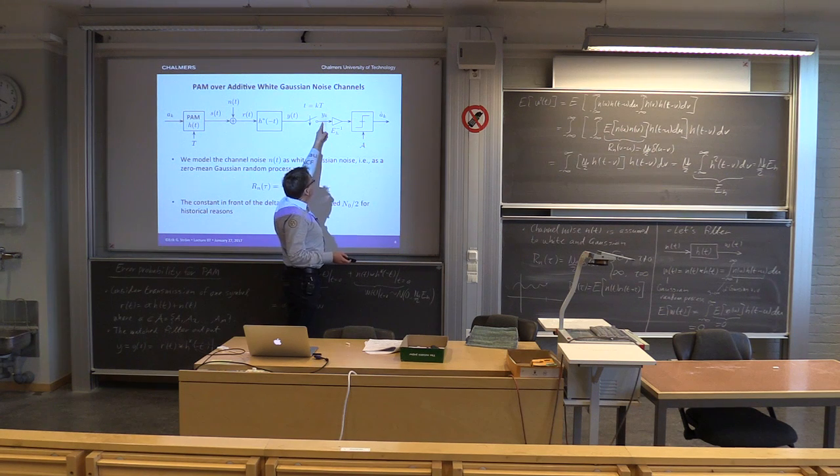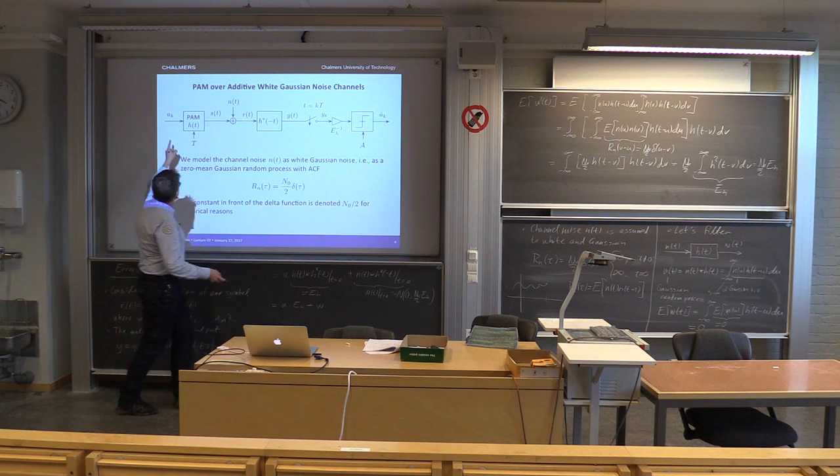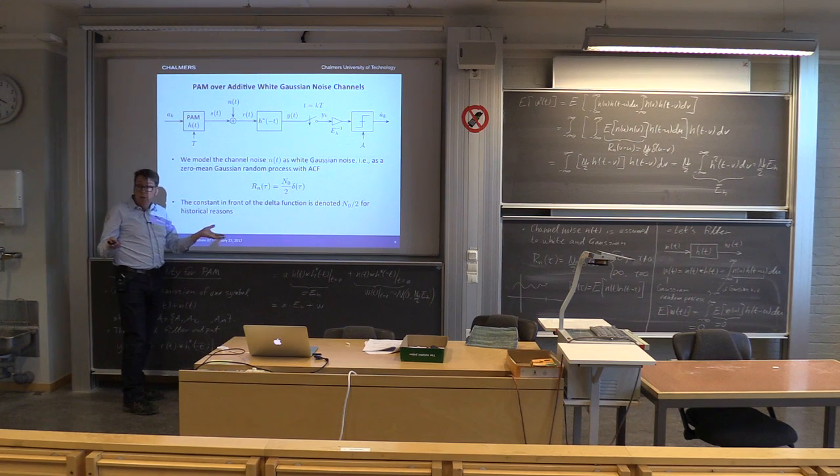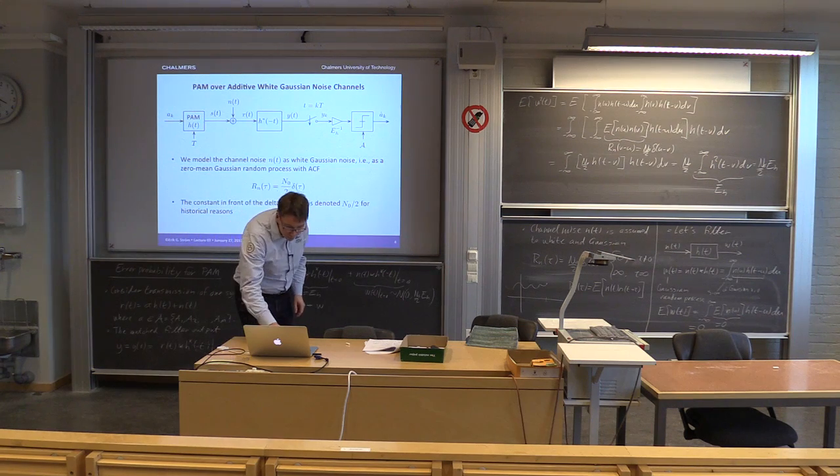So the next step is to simply divide by the energy of h. And then the input here would simply be y divided by the energy of h. I mean, that's what it is, right? And that turns out to be the transmitted symbol, the one that we are looking for, plus a scaled version of the noise, W divided by E_h. Okay.